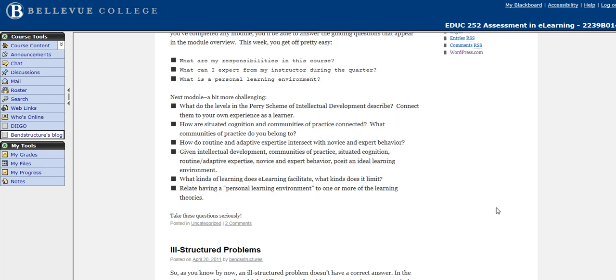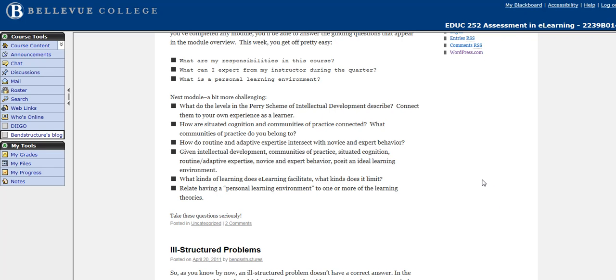Then she says, given intellectual development, communities of practice, situated cognition, routine and adaptive expertise, novice and expert behavior, how does this relate to an ideal learning environment? So what kinds of learning does e-learning facilitate, and what are its limitations, and how does all this apply, number one, to the theory, and then to the concepts, and finally to our lives and what this means for us in the future?